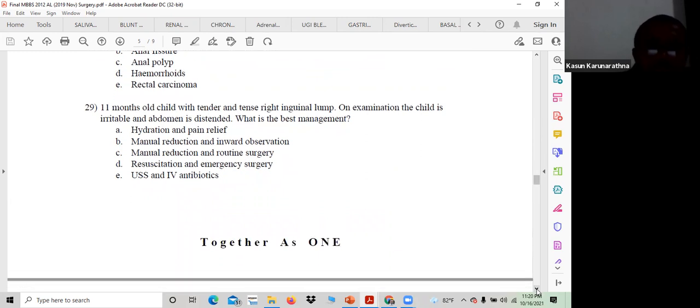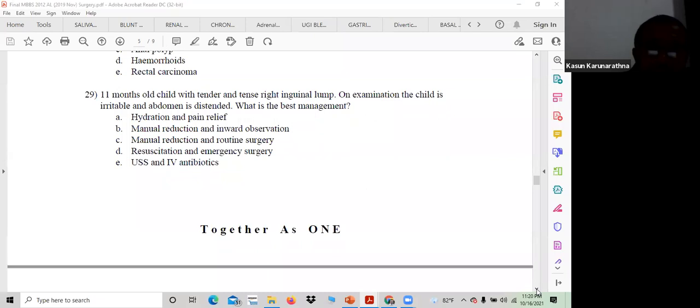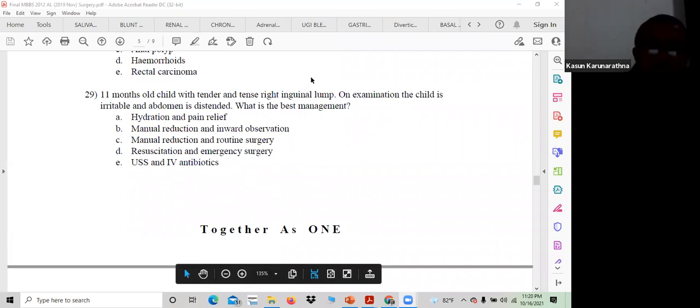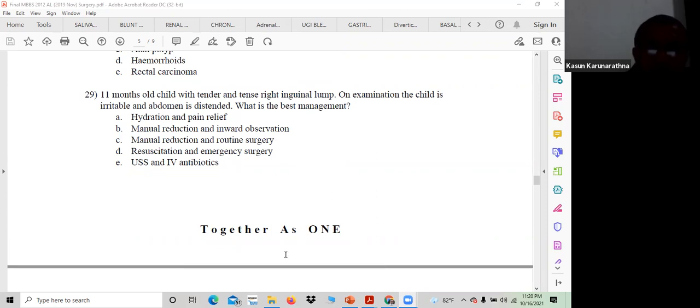An 11-month-old child with a tender, tense right inguinal lump. On examination, the child is irritable and the abdomen is distended. What is the best management? What is the answer for 29? What is the clinical picture? There's an obstructed hernia, right?